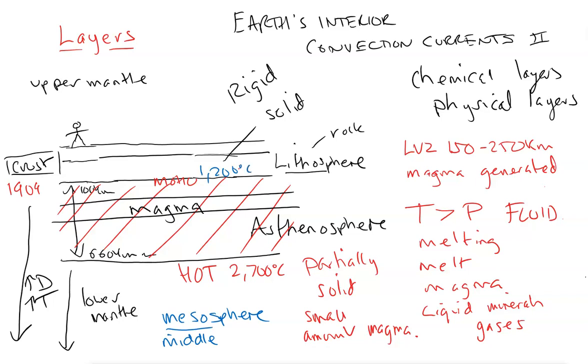So there is a temperature gradient, a difference between 2,700 Celsius and 1,200. So the hot material is going to rise up, it's going to cool down, and because there's a rigid, solid lithospheric plate above it, you can't go through it very often, and it's going to recycle back down.